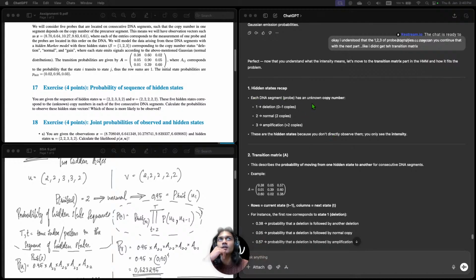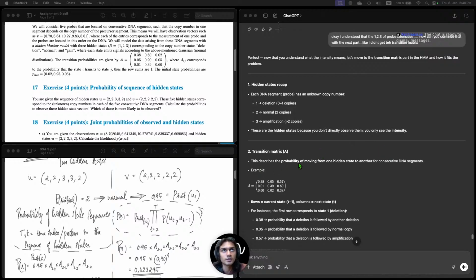These are hidden states because you don't directly observe them, you only see the intensities.